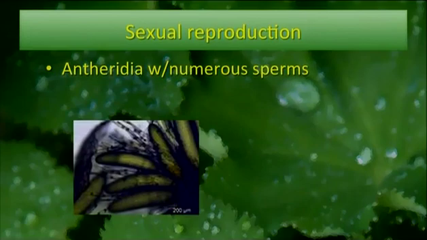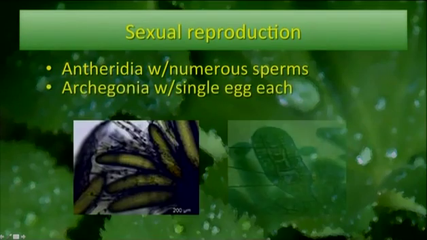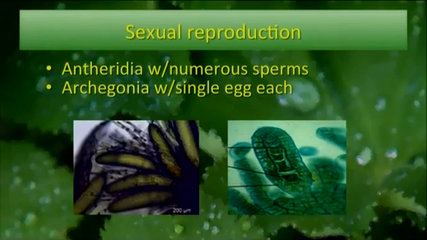Here, these are antheridia, and this is that disc-like, umbrella-like male gametophyte or male gametophore. Antheridia have numerous sperm, and the sperm have flagella.